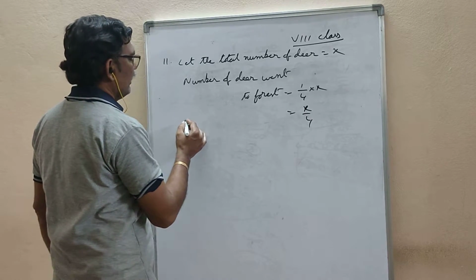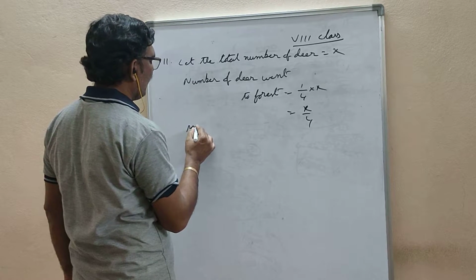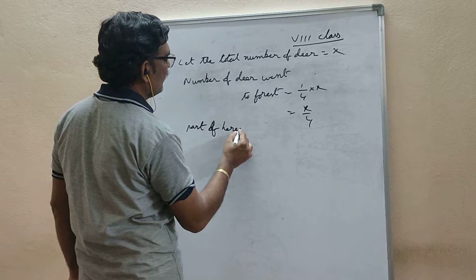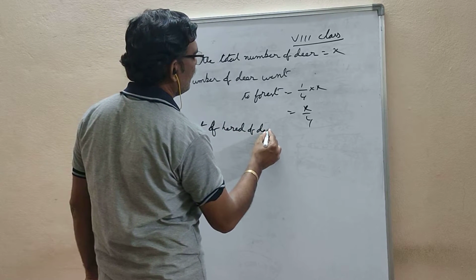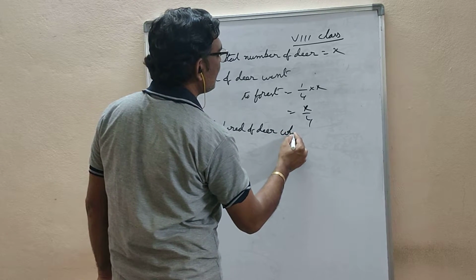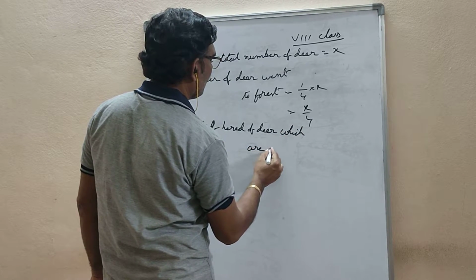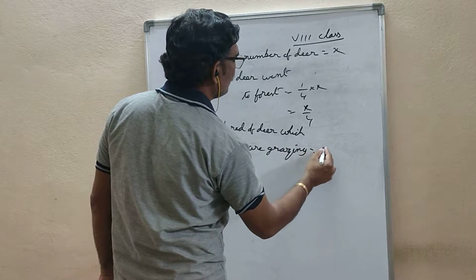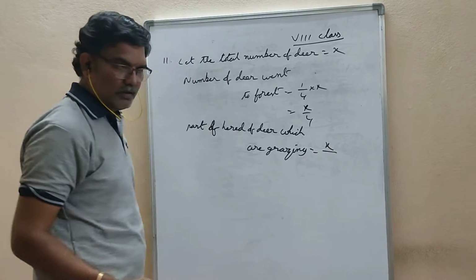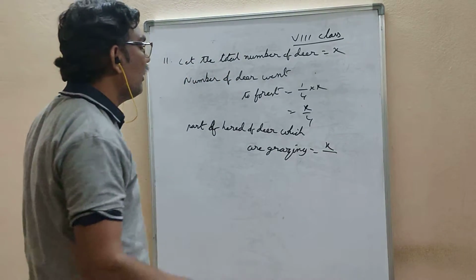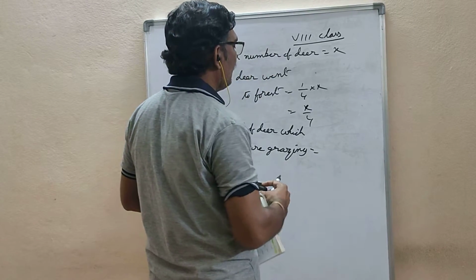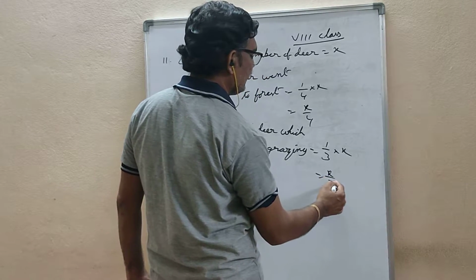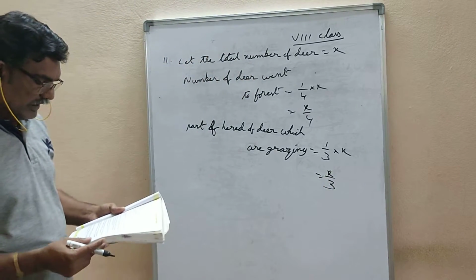So here, the part of the herd of deer which are grazing is equal to how much part he said here? 1/3. 1/3 of the herd of deer means 1/3 into X. It becomes X by 3.